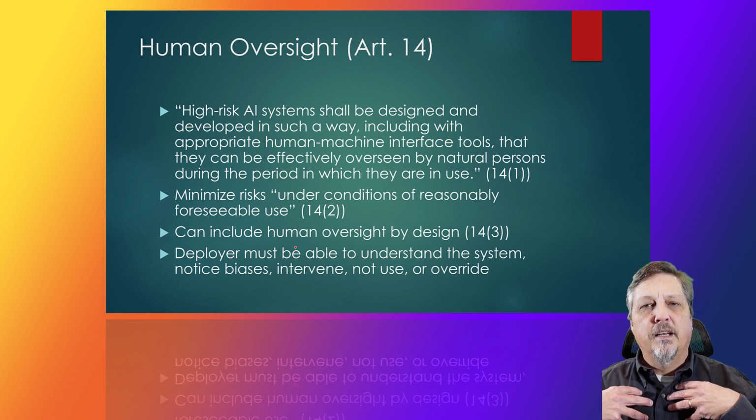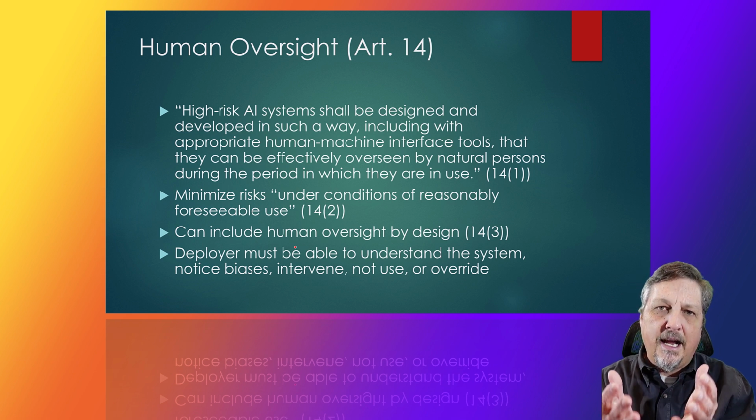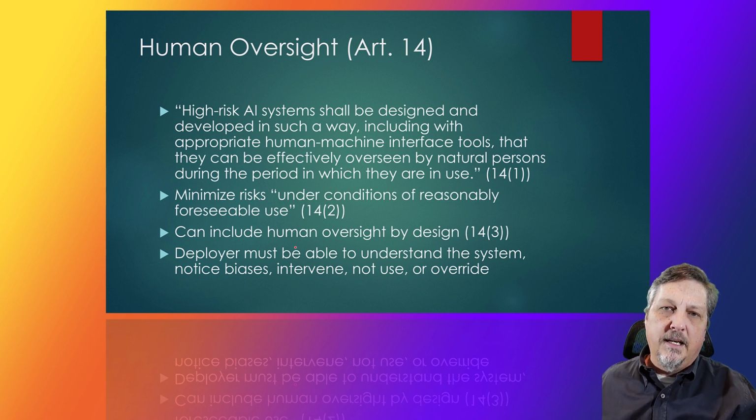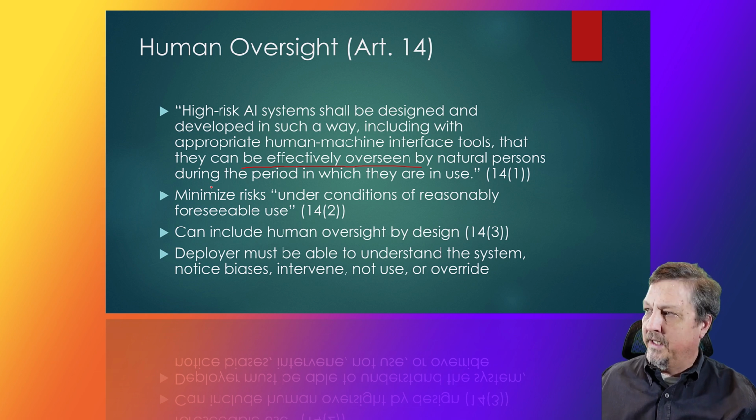And as we have said, human oversight is one of those fundamental AI ethics principles. So what does human oversight mean in Article 14 in the EU AI Act? Well, this is a bit tautological, but human oversight means that the system can effectively be overseen by a natural person when it is in use.